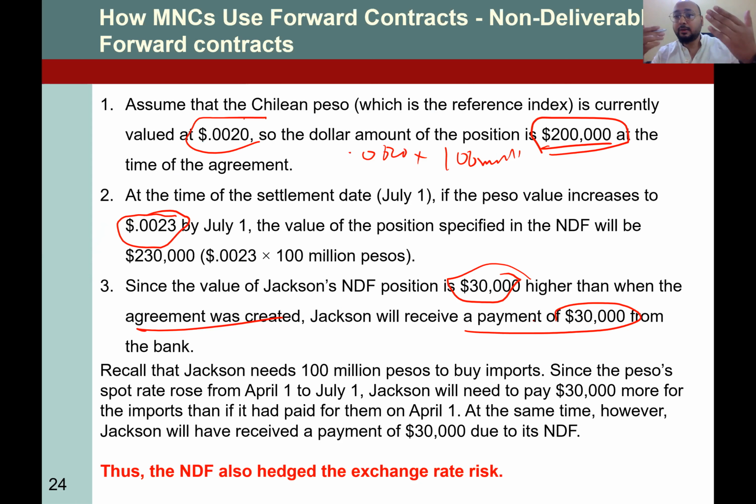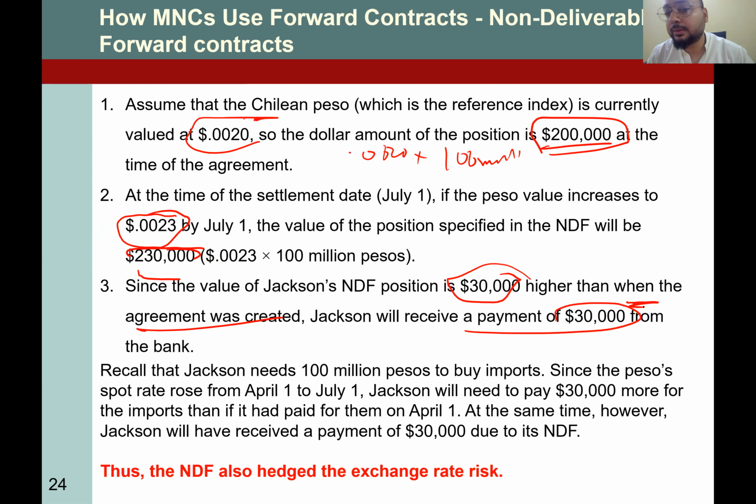The settlement is the difference, that's it. So rather than you transfer to her, or you buy from him at 0.0020 and then sell it into the market for 0.0023 and receive the $30,000 profit, it's better you just trade the net value, that's it.